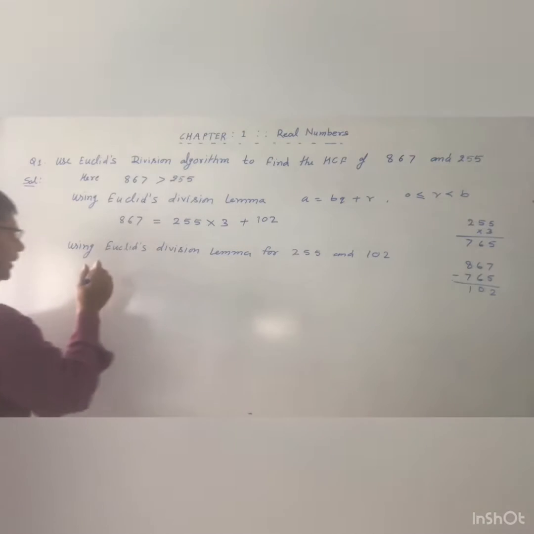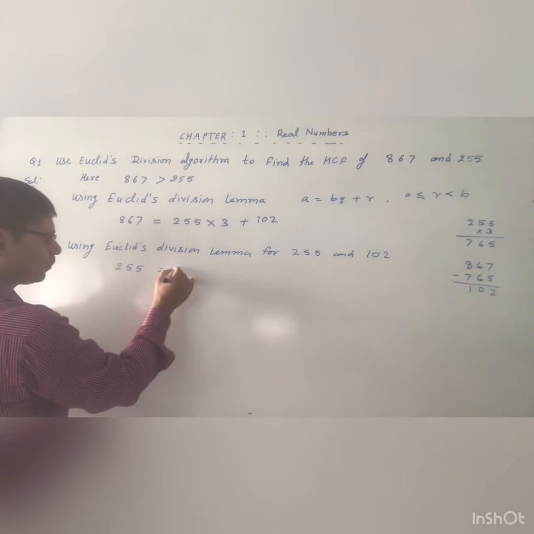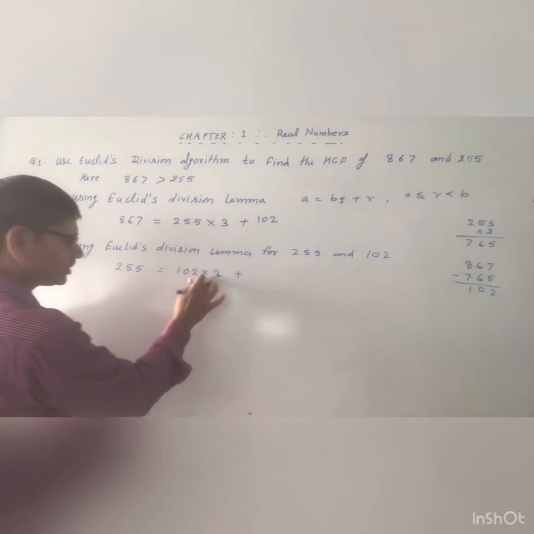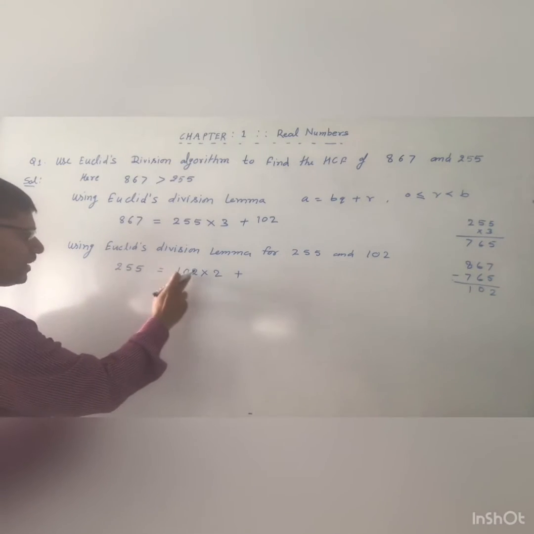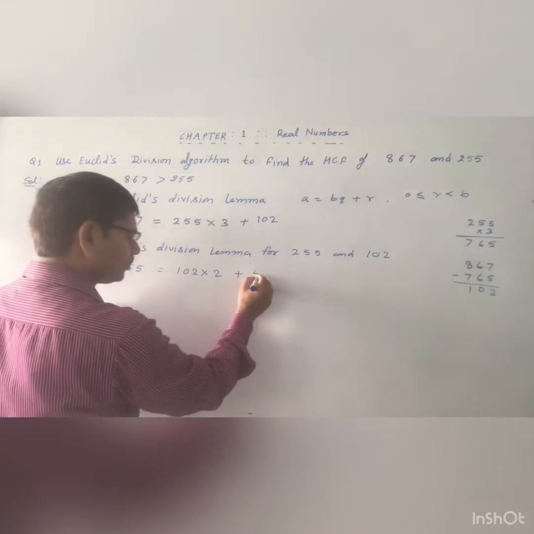So you will write it as 255 equal to 102 into 2. Then how much remaining? This is 204, and 255 minus 204 means you will get 51.